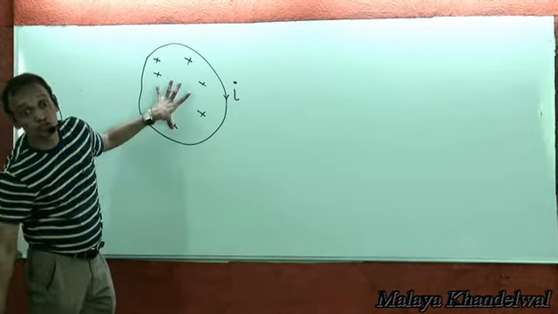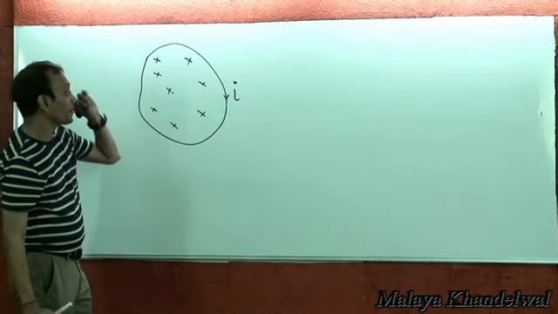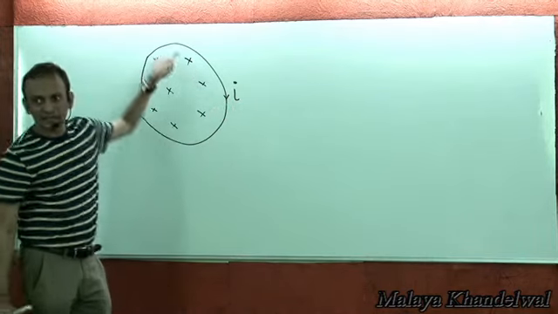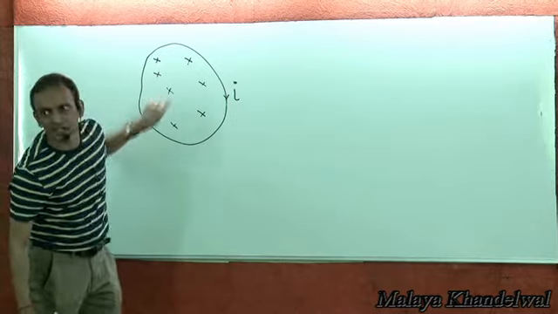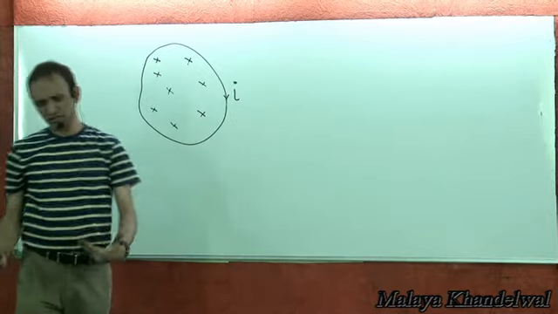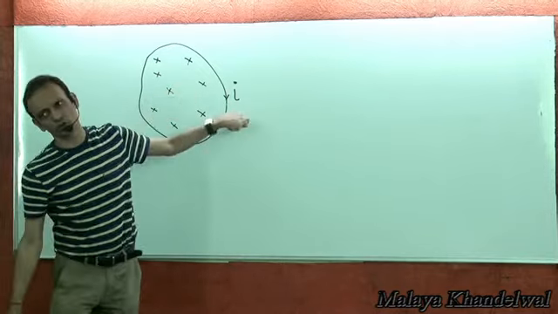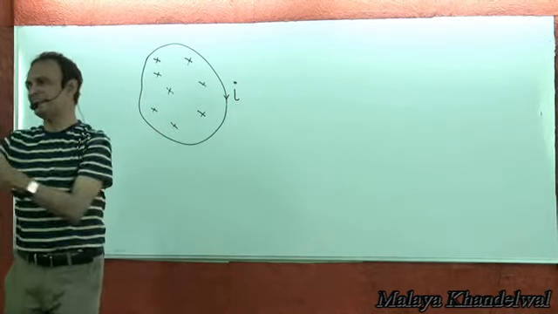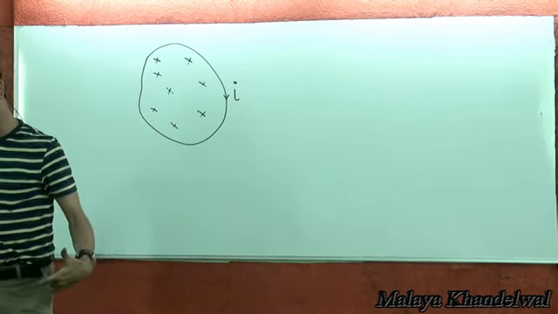There is flux associated with it. Right? The greater the value of I, the greater would be the magnetic field at various points. The magnetic field at any point will be proportional to I because of Biot-Savart, I dl cross R by R cube.